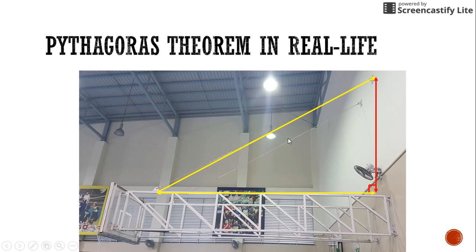This part here, that I'm pointing to, is the hypotenuse. And given the other side, we are also able to find this side, which is not the hypotenuse, through Pythagoras theorem. Because again, Pythagoras theorem helps us find any side in a right angle triangle, not just the hypotenuse.